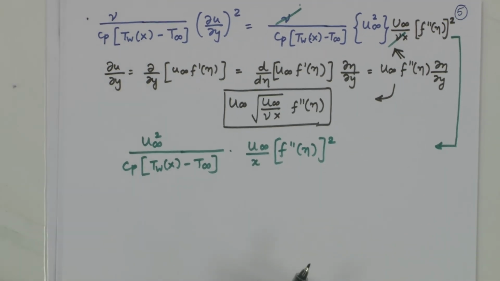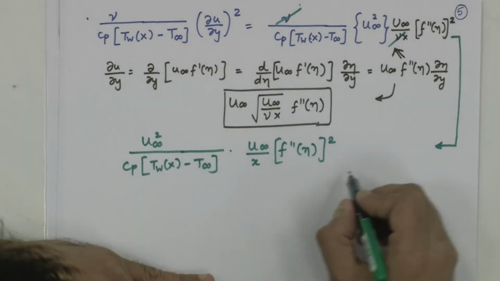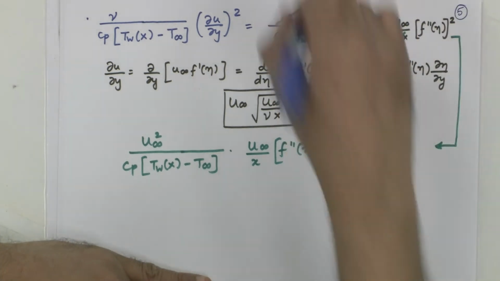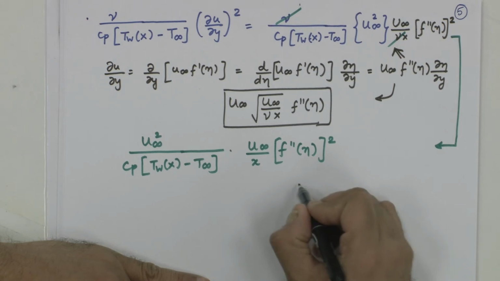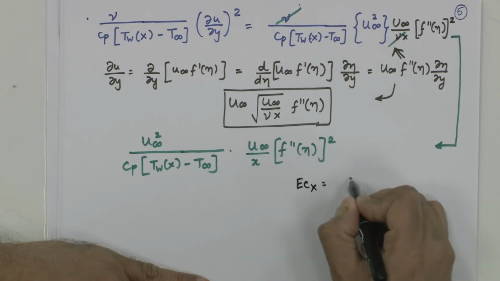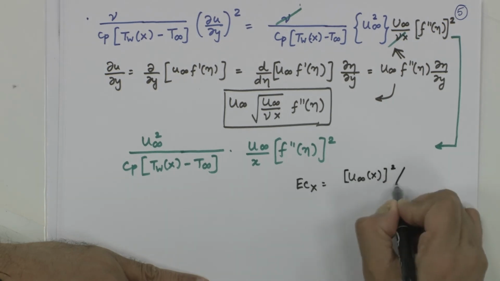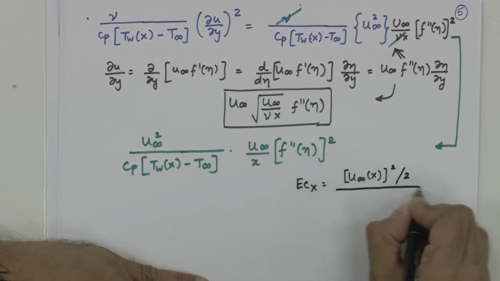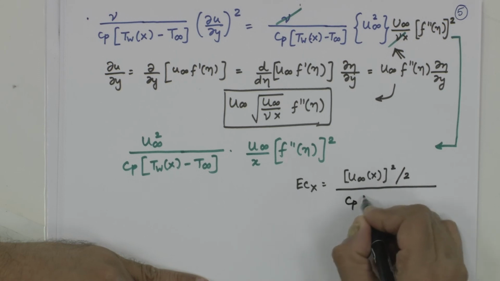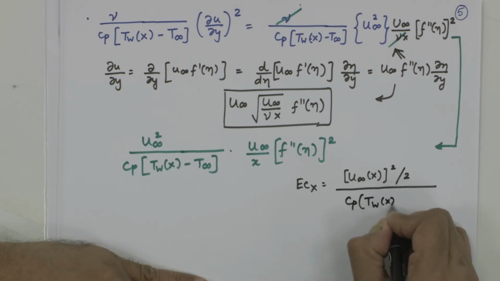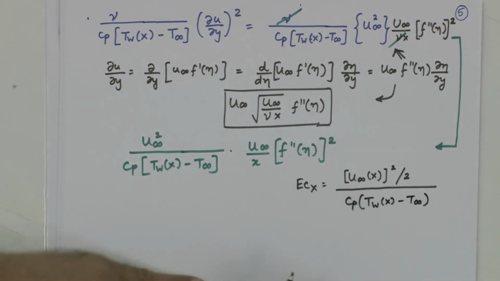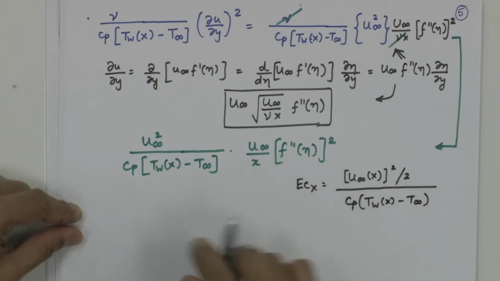And if I define my Eckert number, what is my definition of Eckert number? Local Eckert number Ec is u∞² by 2, the kinetic energy, divided by Cp (T_wall(x) − T∞).